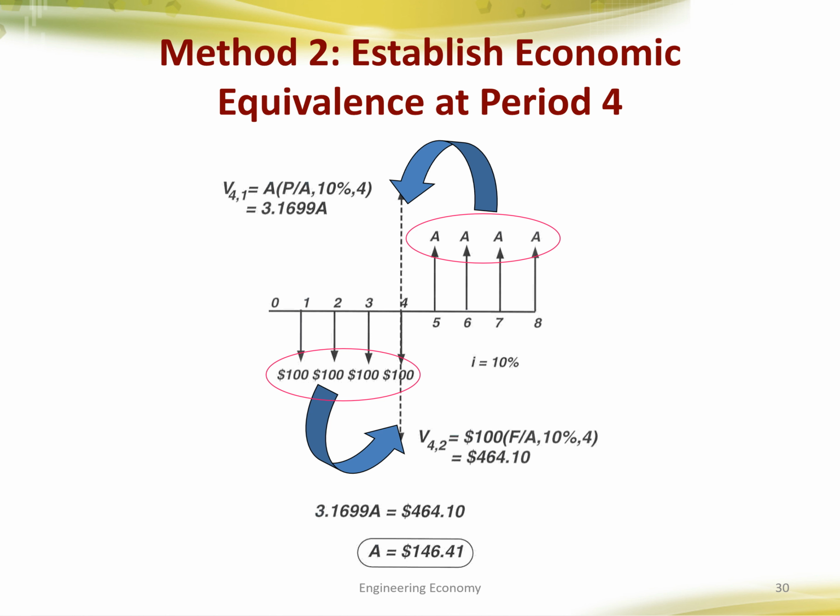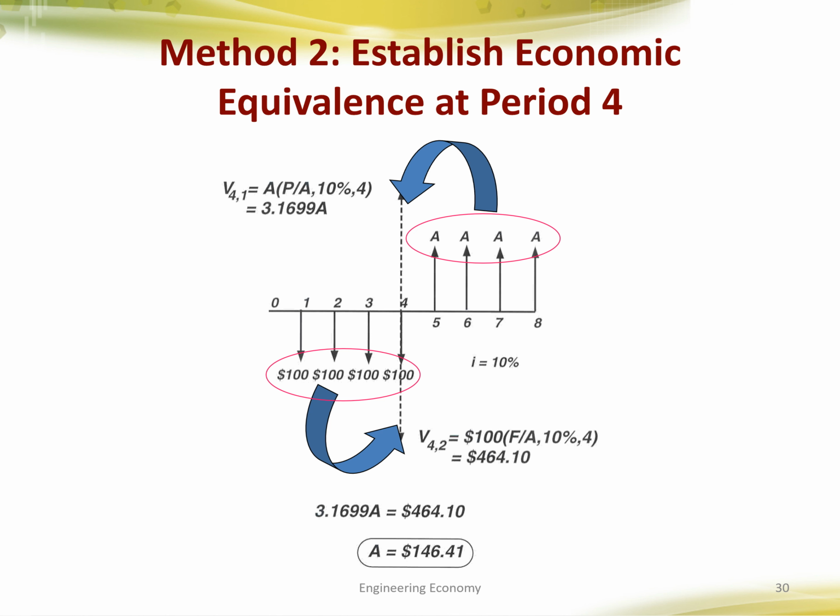It becomes 3.1699A, and 3.1699A needs to be equal to 464.1, and we can solve for A, and A is again 146.41. So this method of putting to a middle point, or the previous method of pushing everything to the present time, or we can push it all the way to the end of the 8th period, or 7 or 6 and 5, or even 3, 2, 1.